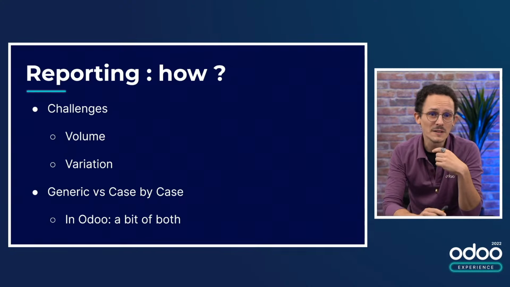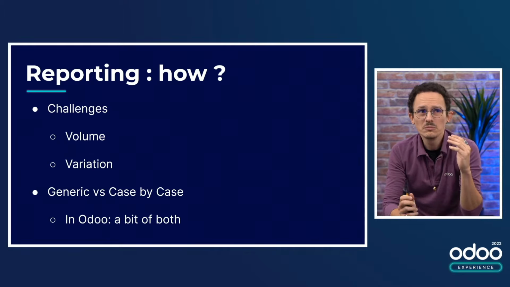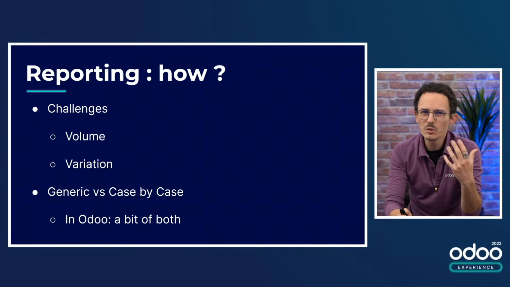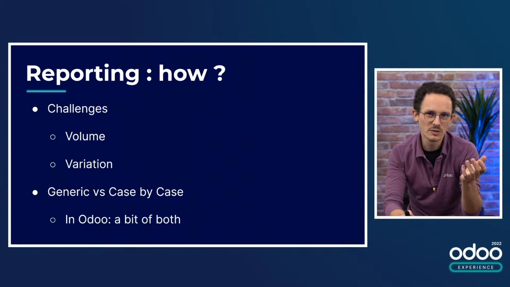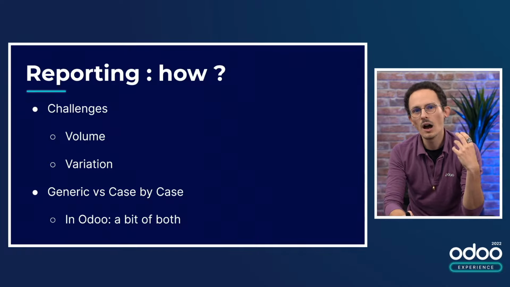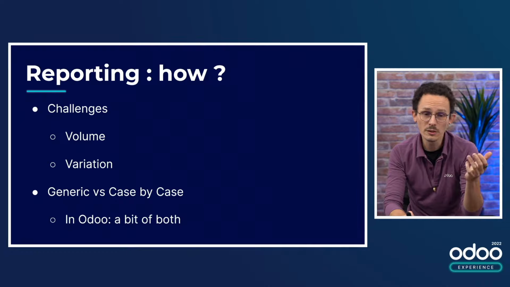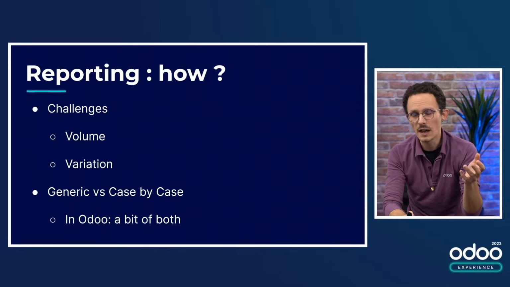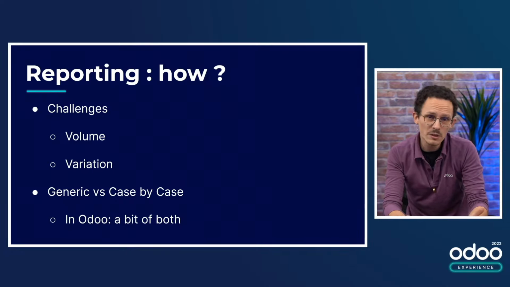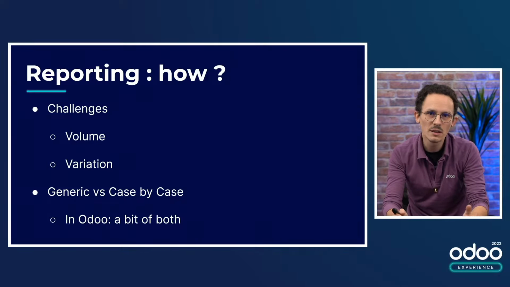So let's get started. First, a small reminder about what's important when you're doing accounting reporting. There are actually two big challenges that you have to handle. The first one is the volume of data, because if you're familiar with accounting, you know that regular, medium-sized accounting is millions of journal items.